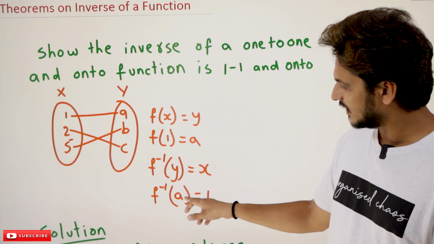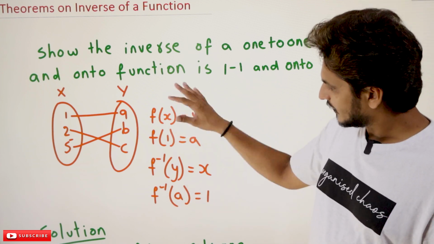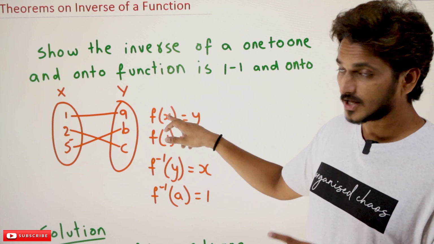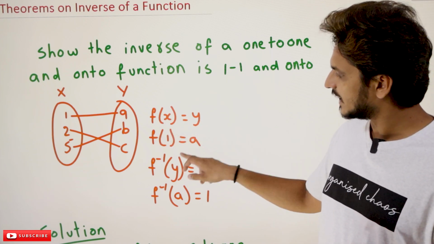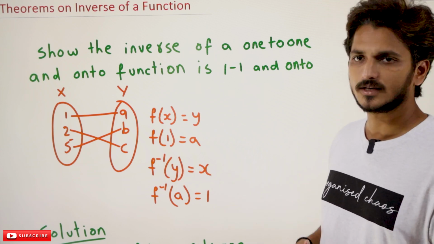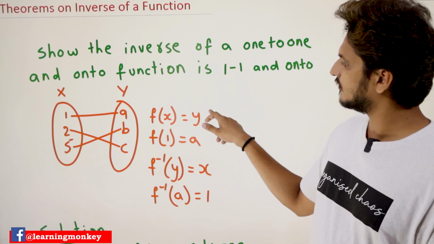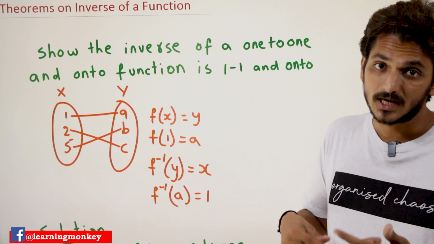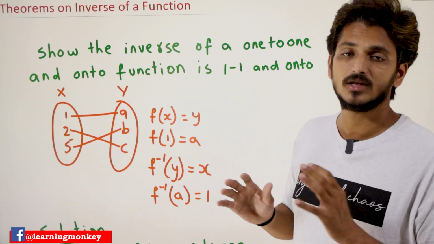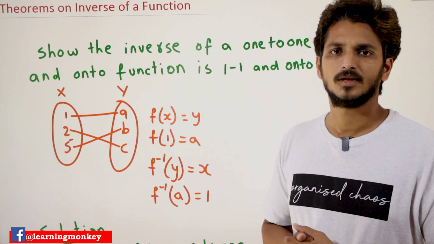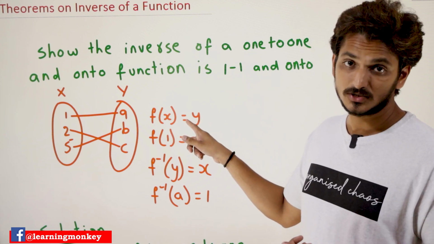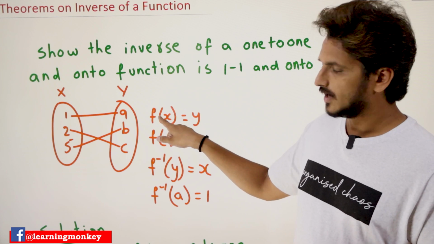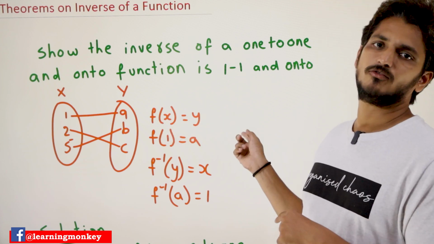So from this we need to understand that if we have f of x equal to y, we can write it as f inverse of y equal to x, meaning x is equal to f inverse of y. If you understand this, the theorems are very easy to understand. The point you need to understand: f of x equal to y means you can write x equal to f inverse of y.